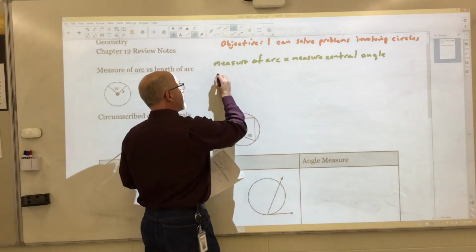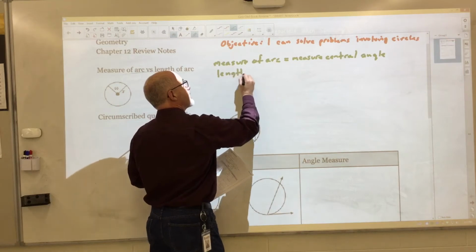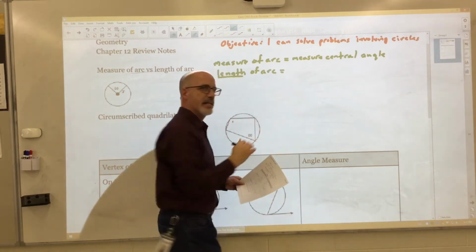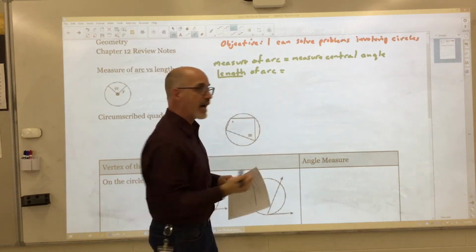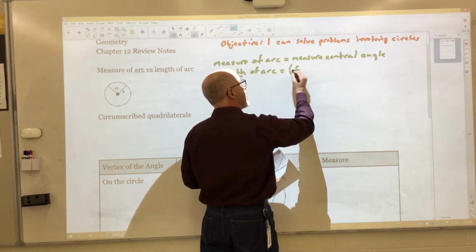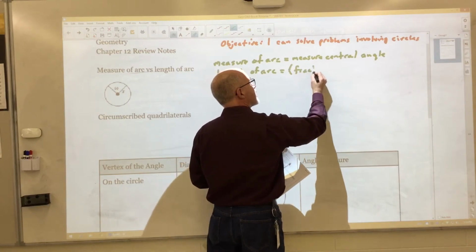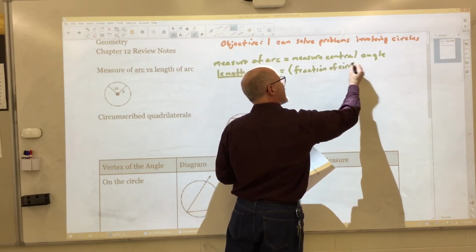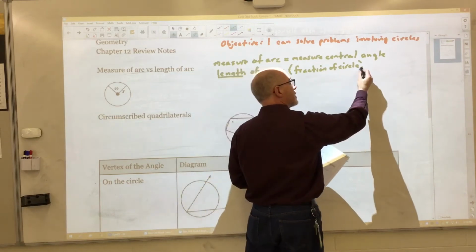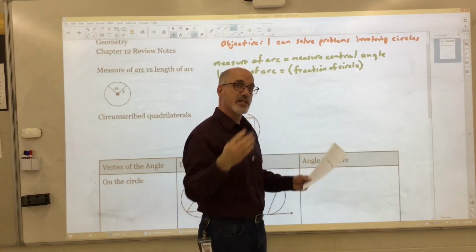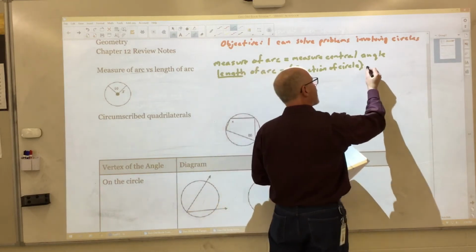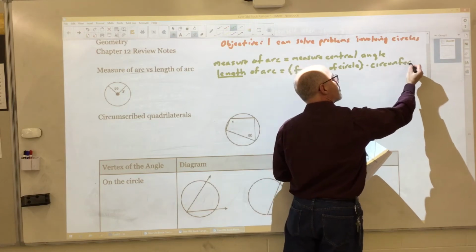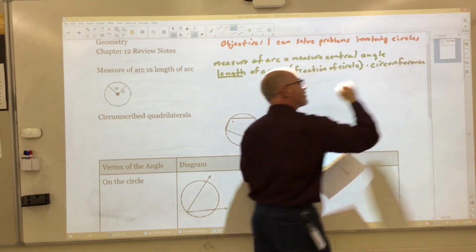Now, length of an arc, so that's a difference there. That's actually finding how long it is. What you want to do is find the fraction of the circle that we have with that arc. And remember, that's taking the measure of the arc in degrees and dividing it by 360, because 360 is a full circle, and then multiplying by the circumference of the circle, because that gives the portion of the entire circumference with that fraction.